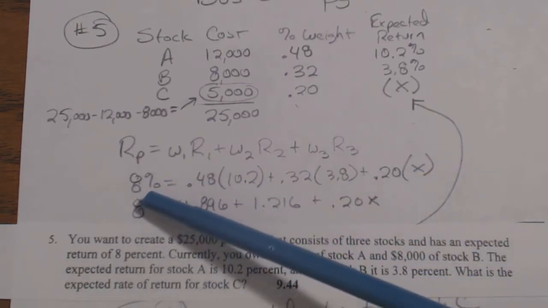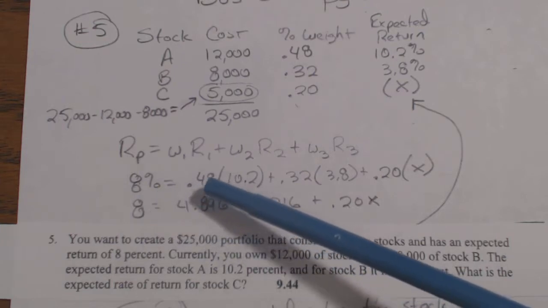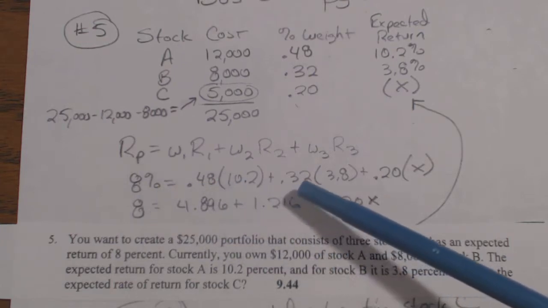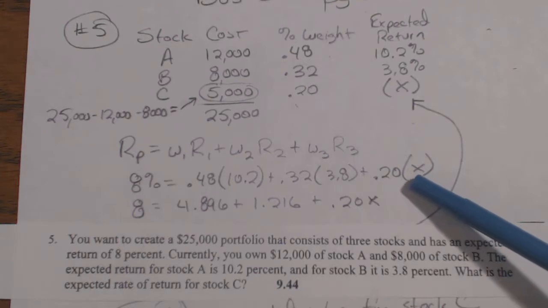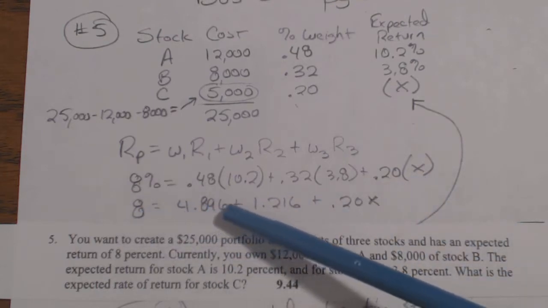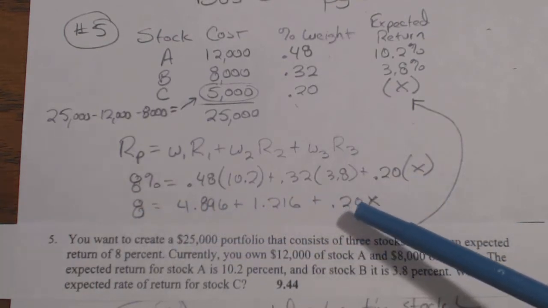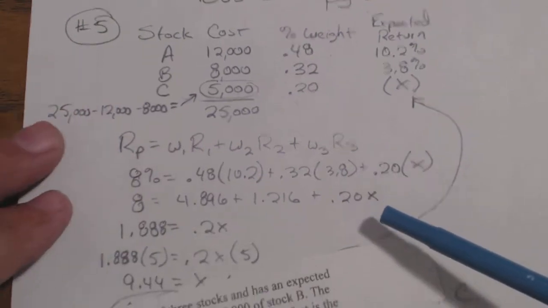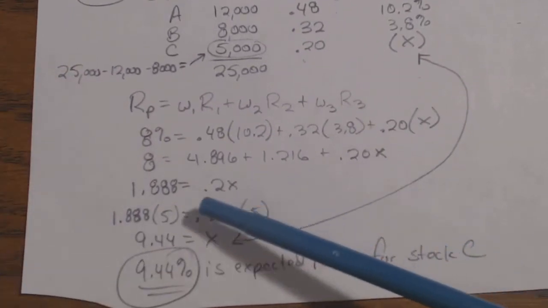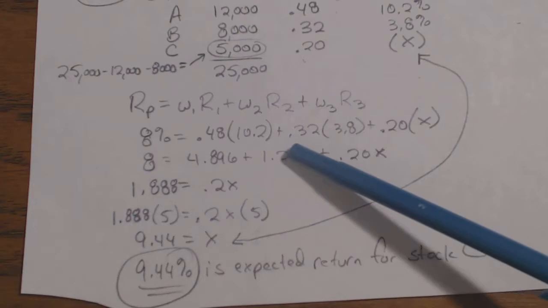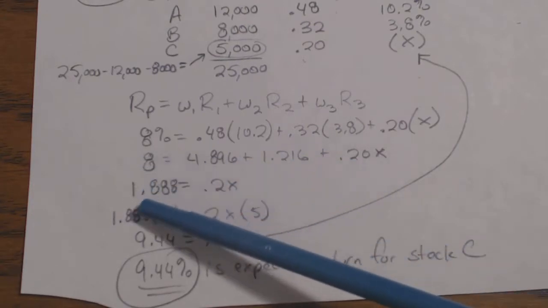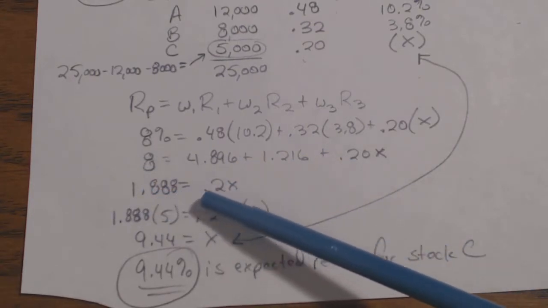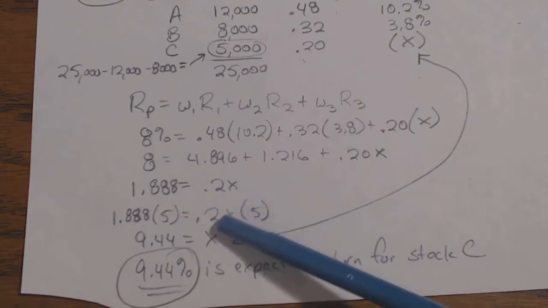Simple mathematics after that. 8 equals 0.48 times this, 0.32 times that, and you're going to end up with 0.2x. You multiply those numbers out, and you get these. Then you just take these over and subtract these 2 numbers, or make these minus, bring them over there. You get 1.888 equals 0.2x.